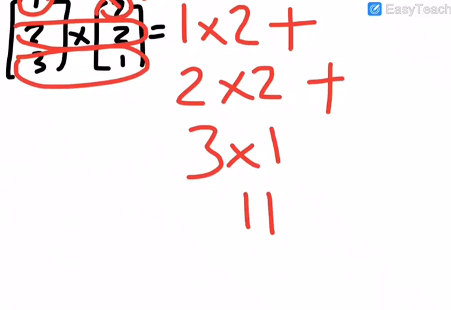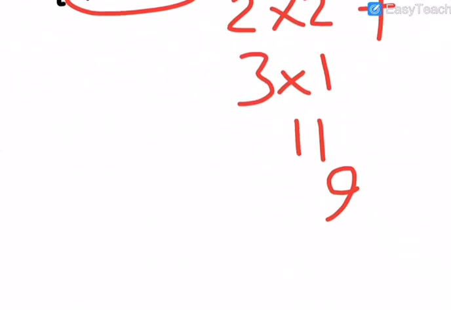What is the answer? It's 2 plus 4 plus 3, that's going to be 9. So now I know C11 is 9.